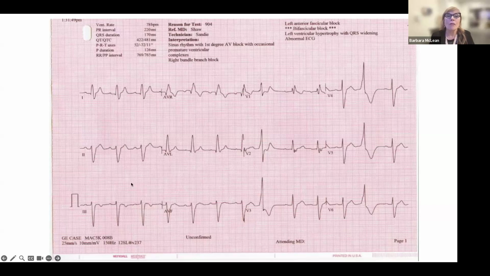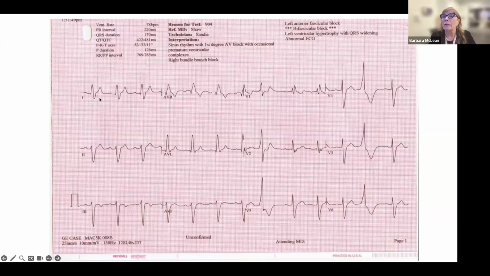So do all those leads point in the upright direction, yes or no? Looking at it, you would say no. You have upright in 1 and AVL, but in 2, 3, and AVF you have a downward configuration, which means this is abnormal.